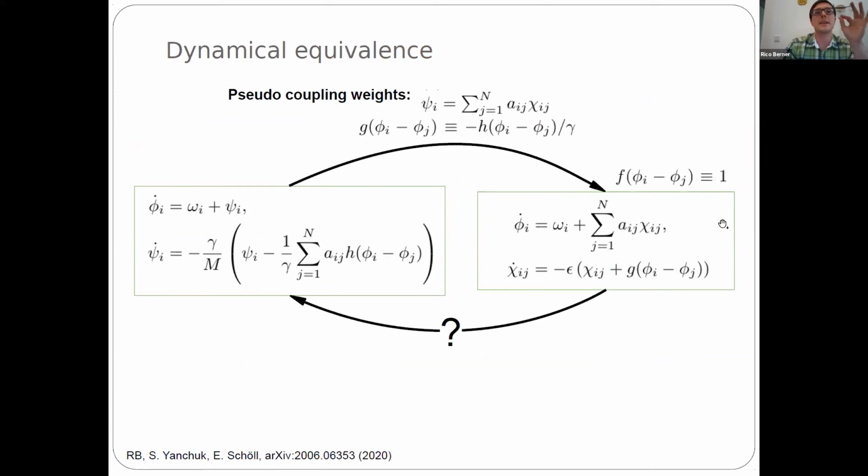This is why we're saying that the power grid networks, or the phase oscillator with inertia, are a subset, or a subclass, of the class of adaptive networks. So this is just a subclass. Of course, if you put some more complicated coupling functions here, the dynamics will be different.